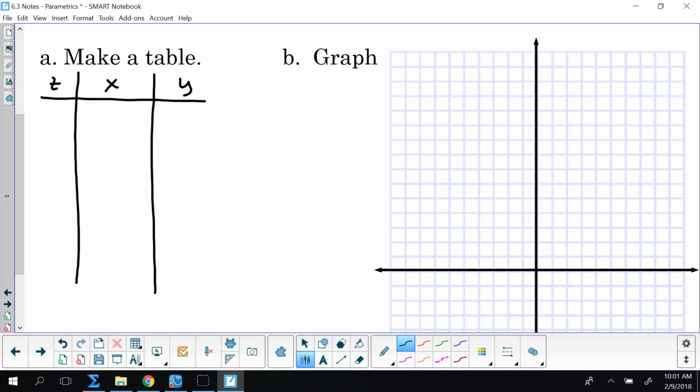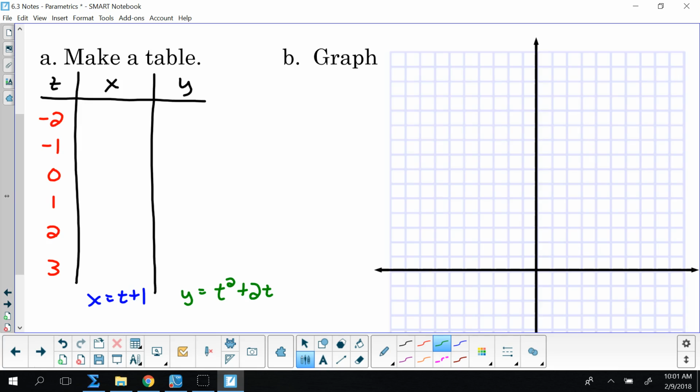And we said that we wanted t values from -2 to +3. So -2, -1, 0, 1, 2, and 3. Then my x function was t plus 1. My y function was t squared plus 2t.